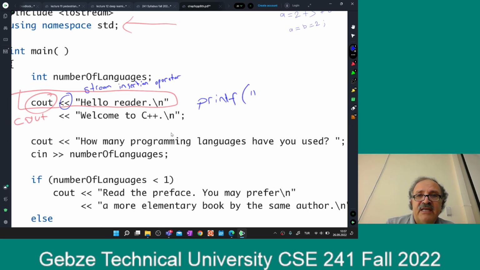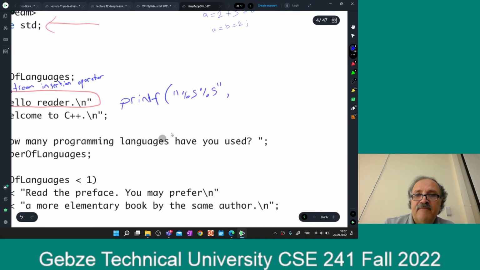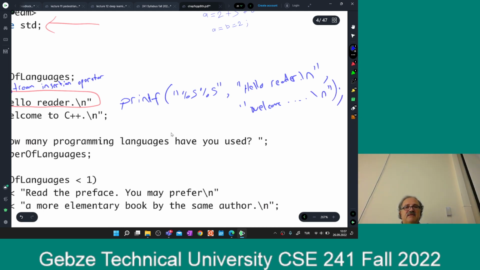I think I should write %s, and %s, and then comma, and a string hello reader \n, comma, welcome to C++ \n. That would be exactly the same thing.